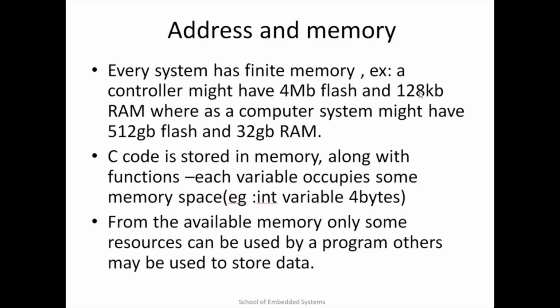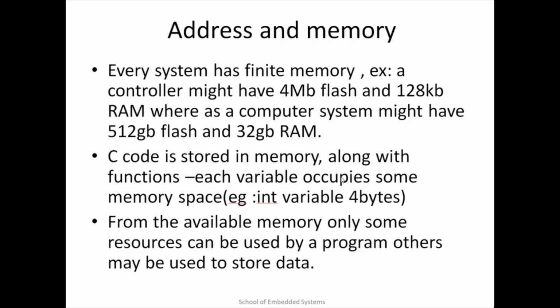So what all is stored in a C program? Everything: functions, variables, constants, everything occupies memory in a C program. That's why if you define more variables, your program tends to increase in size, and it will occupy more memory.